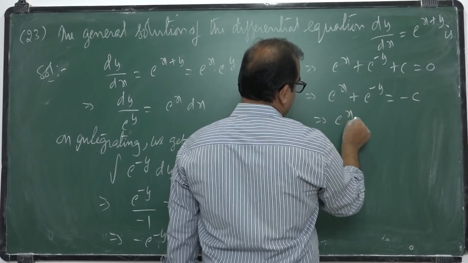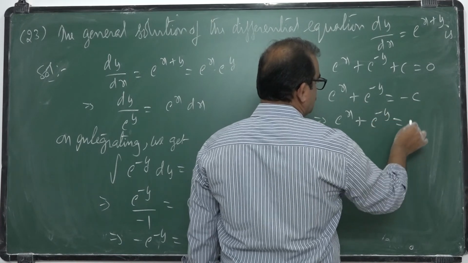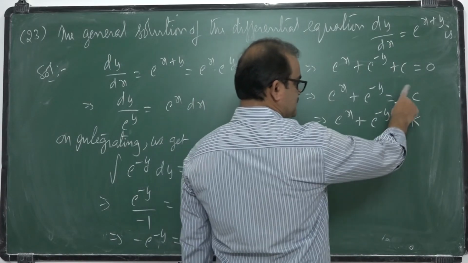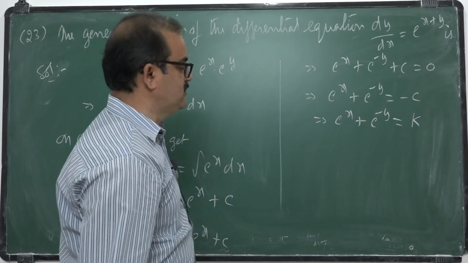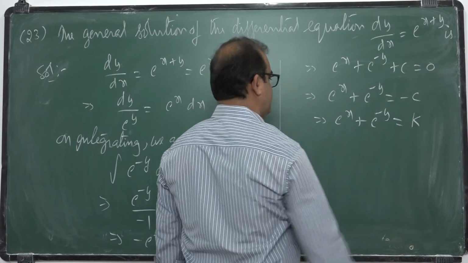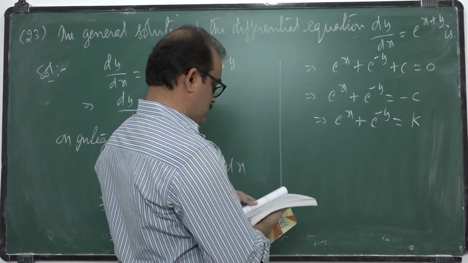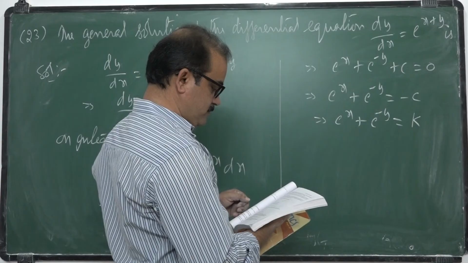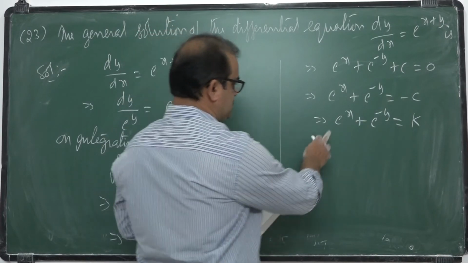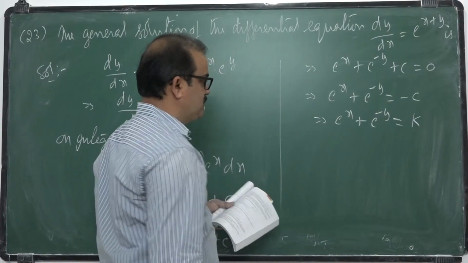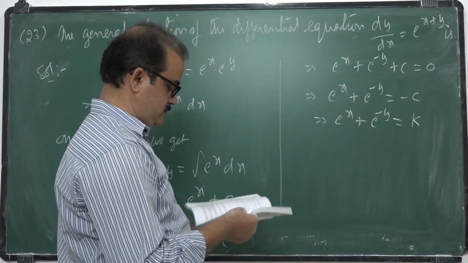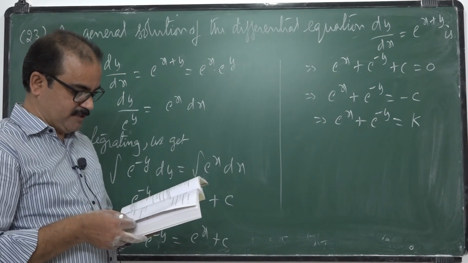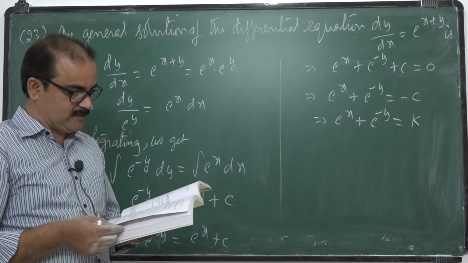Now write it as e power x plus e power minus y is equal to minus c, that is another constant k. C is a constant, minus c is also a constant. Take that constant as k. Okay, to this problem 4 options are given in your textbook. The correct option is A, e power x plus e power minus y is equal to some constant k. So with this problem, that exercise 9.4 on variable separable method is completed.